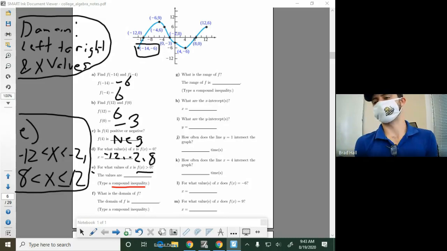What I literally do when everybody's in class, I will take my finger and trace it myself. This is the furthest to the left you can go. The domain says, I want the x value. So notice I boxed in an ordered pair, which has an x and a y. The x value is -14.